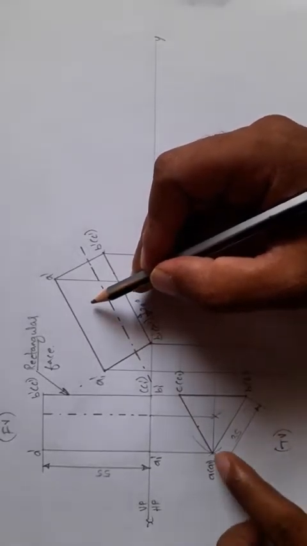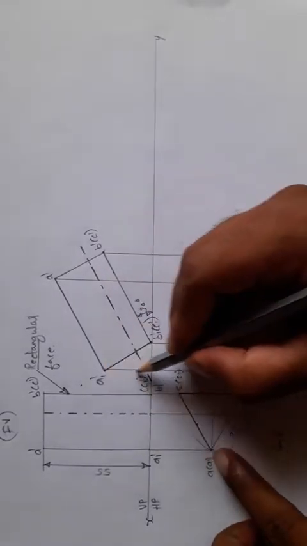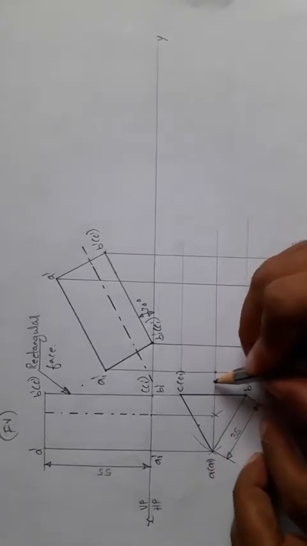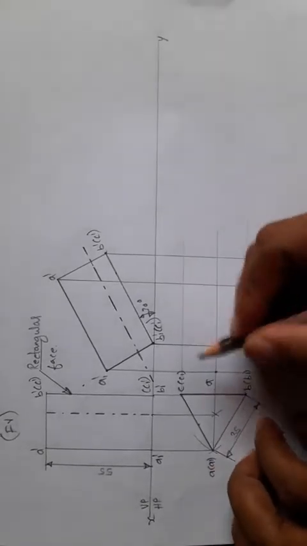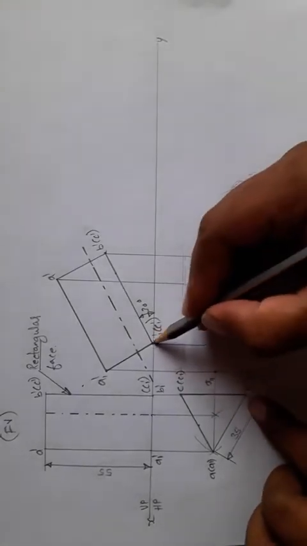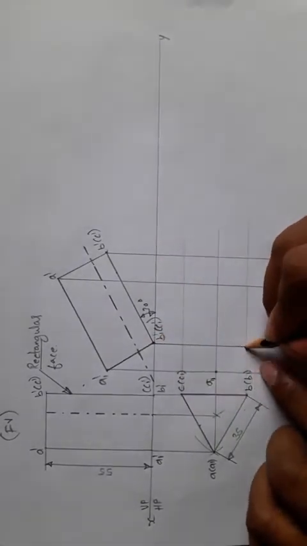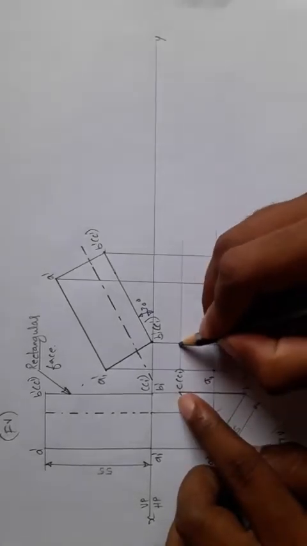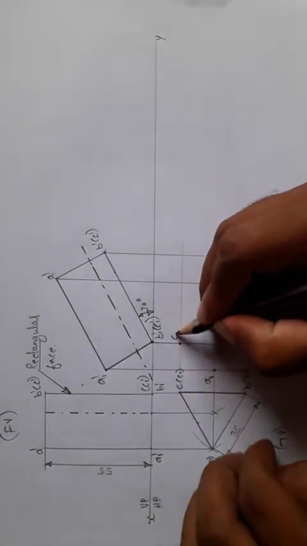So A to A, this is A1. B to B, this is B1. Similarly, C to C1.